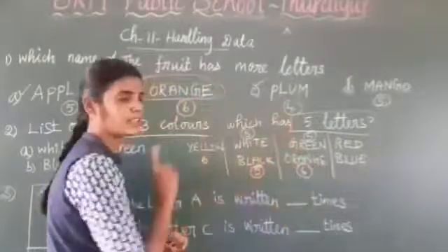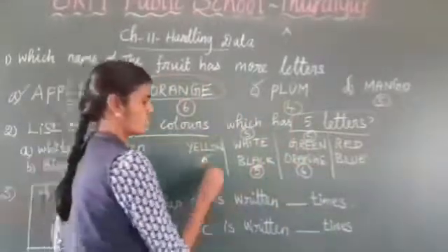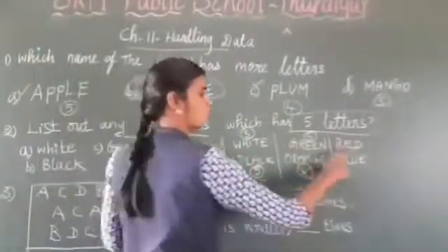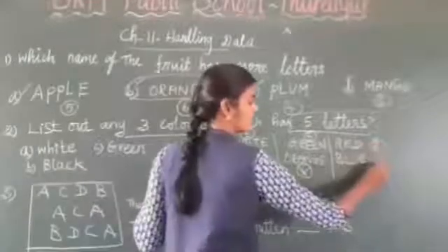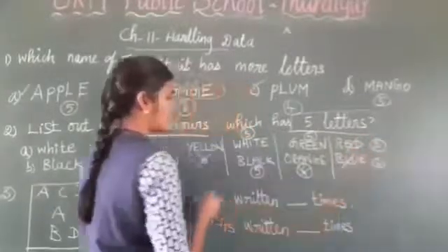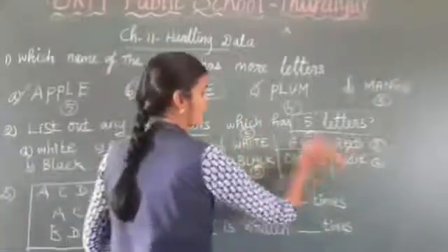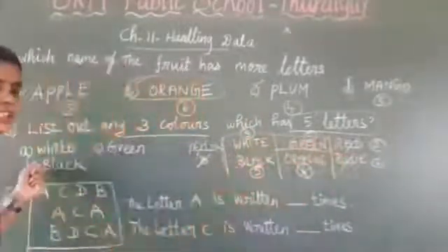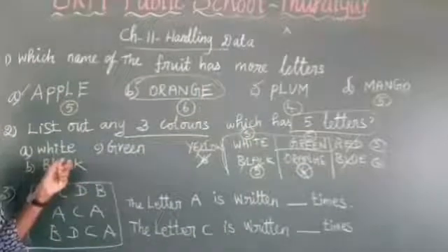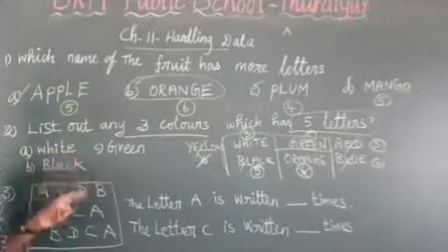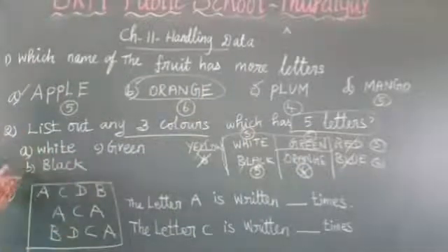The question is 5 letters alone. Next, red, this is only 3 letters. This is only 4 letters. Okay, so only 3: black, white and green. These 3 color names only have 5 letters. Understand? This is one piece of information.